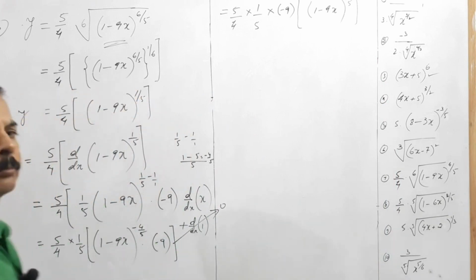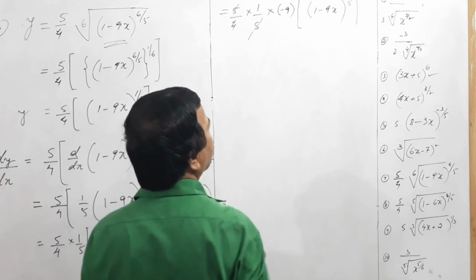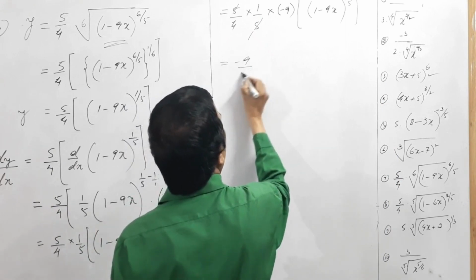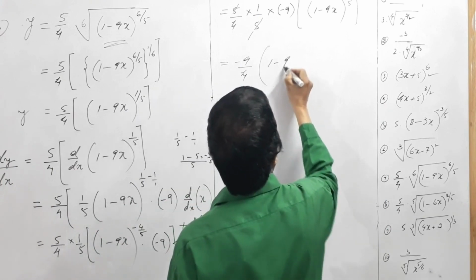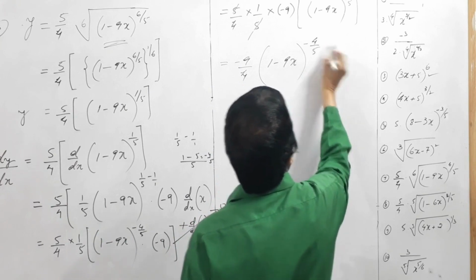Okay, so here this 5 cancels, right? So this becomes minus 9 by 4 into 1 minus 9x to the power of minus 4 by 5.